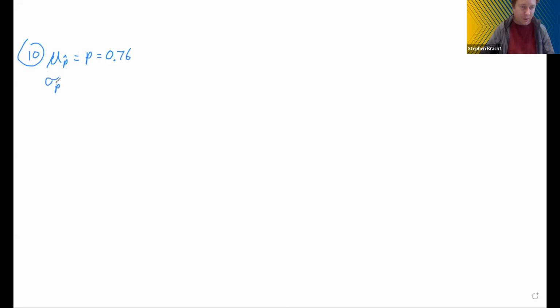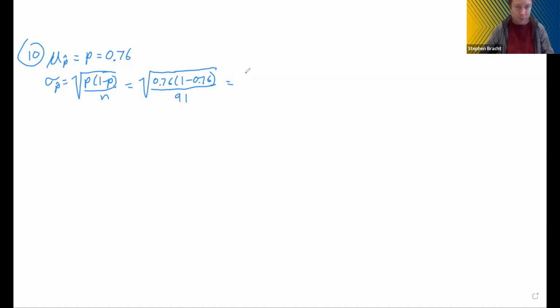Standard deviation of the sampling distribution is equal to the square root of p times 1 minus p over n, equal to the square root of 0.76 times 1 minus 0.76 over sample size was 91. So this is equal to about 0.04477. And I'll treat this as a normal distribution.